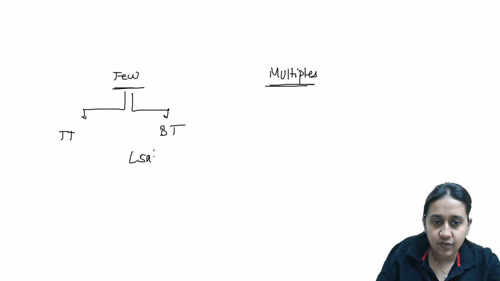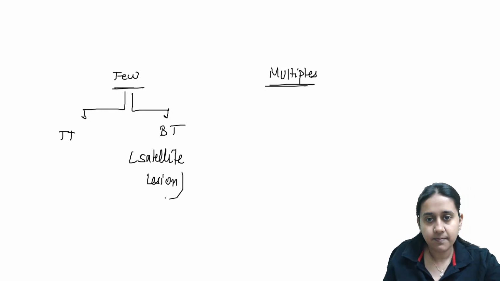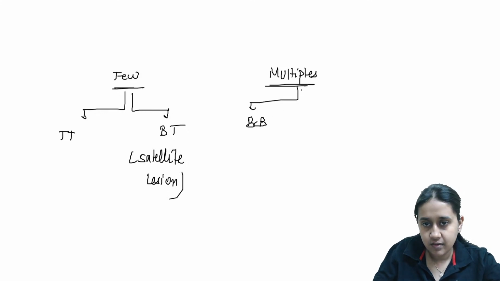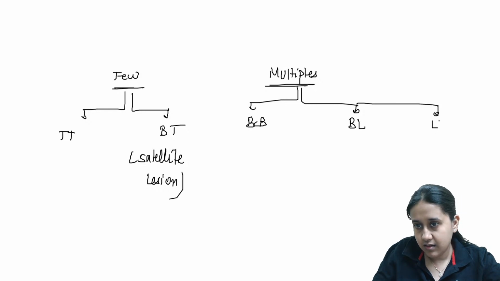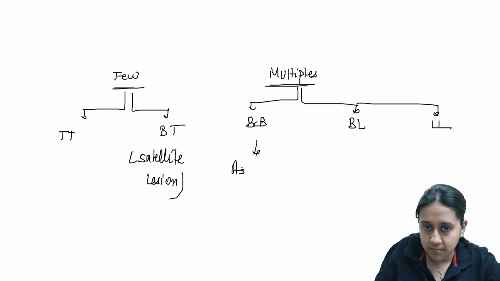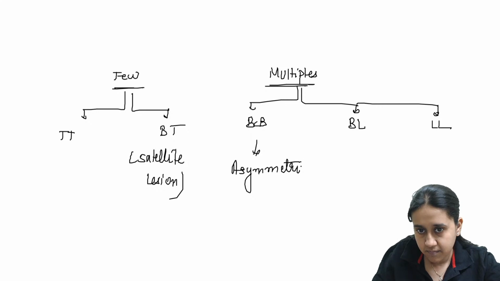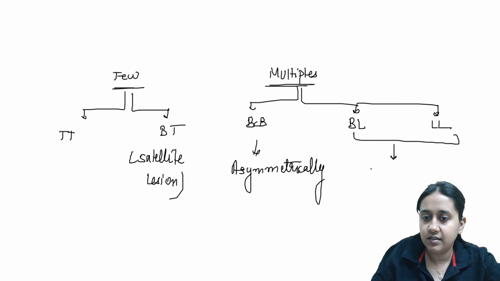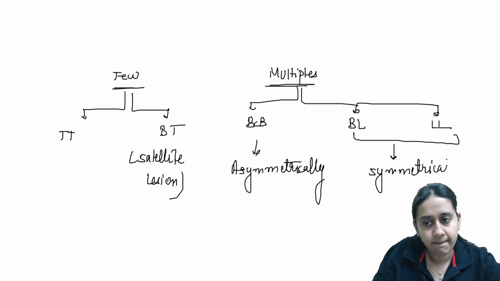In BT, they will give you a hint like satellite lesions. In multiple lesions, it could be BB, BL, LL. In BB, the lesions are present asymmetrically, while in BL and LL, they are bilaterally symmetrically distributed.